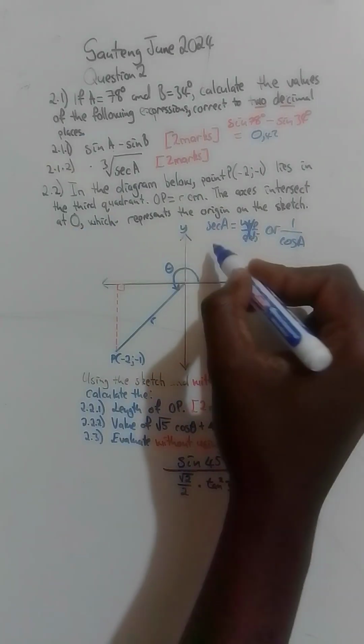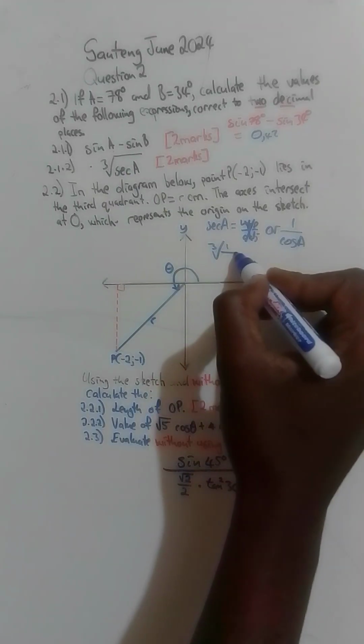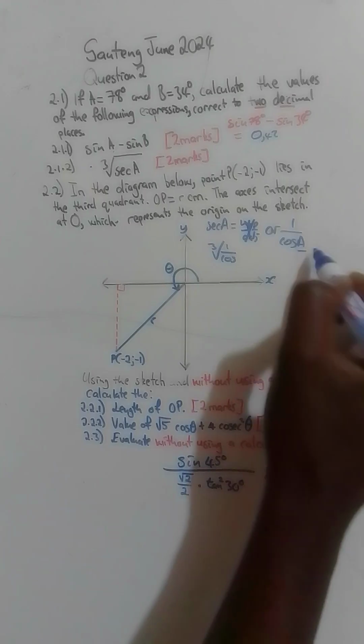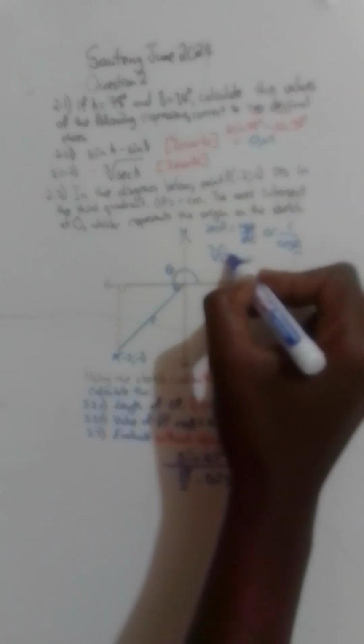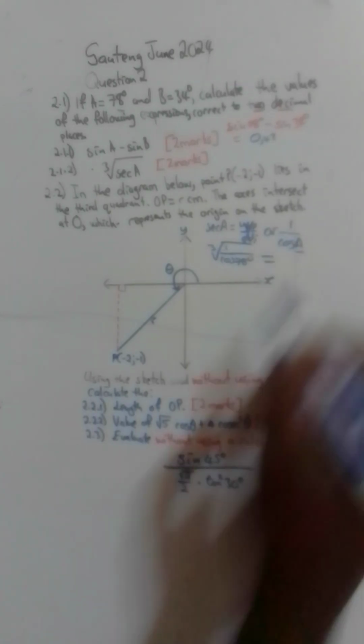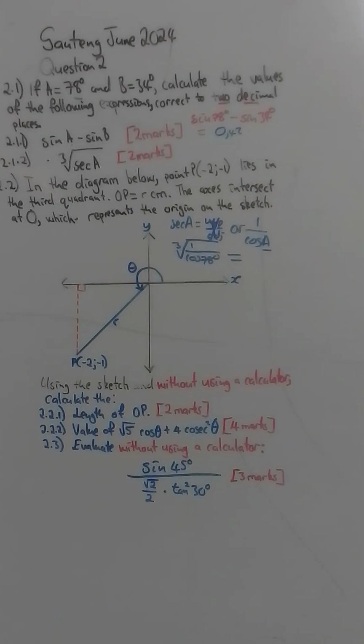So in other words, for cube root of sec A, we say 1 over cos A, and our angle A is 78 degrees. So 1 over cos 78 degrees, right, is equal to, so we go to the calculator.